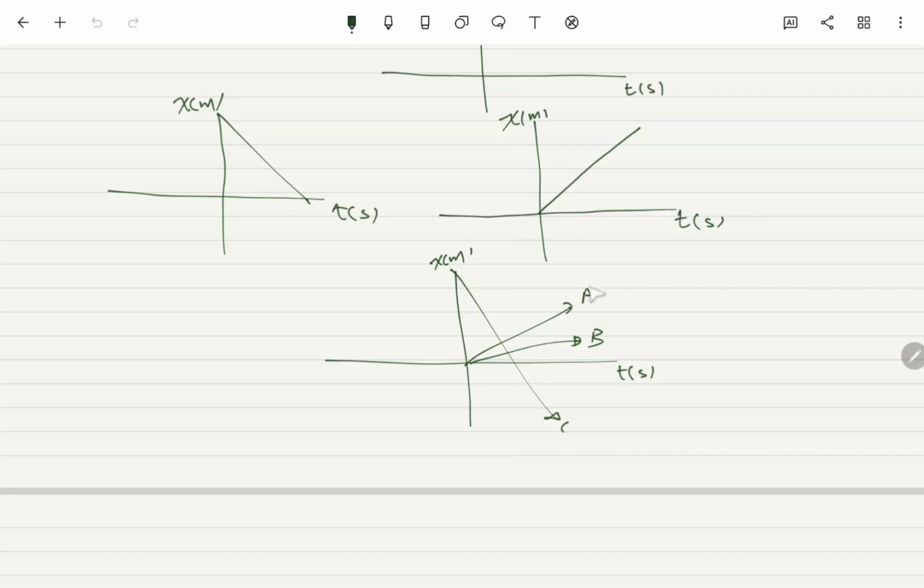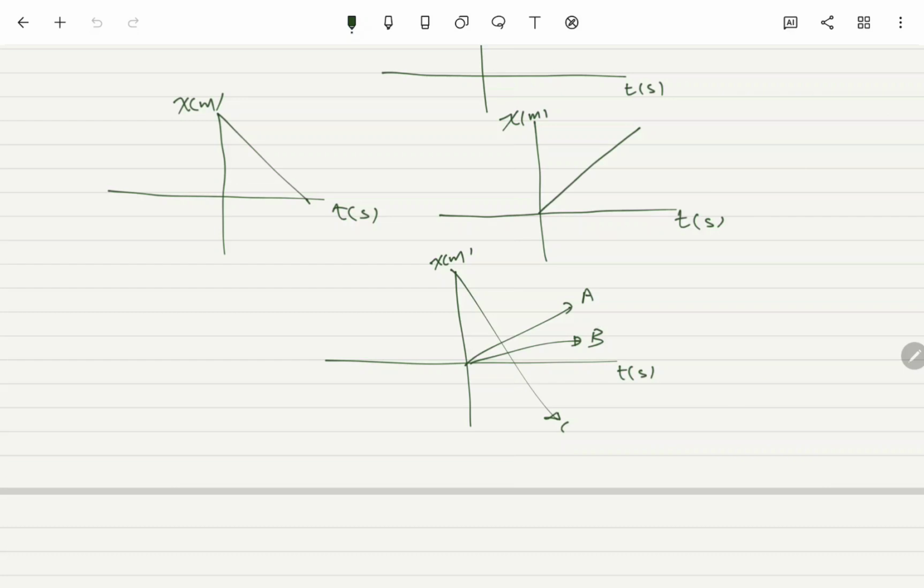You might think that A is the fastest because it's steep and positive. But actually, the steepest one is C, and since we ask about the fastest, we need the magnitude. So C is the fastest because it's the steepest, and B is the slowest because it's less steep than the other ones.